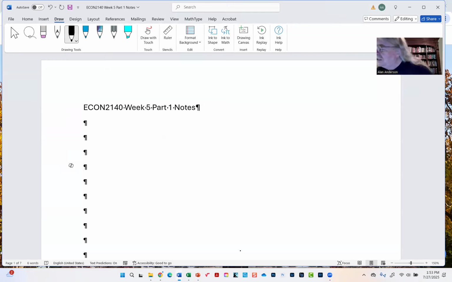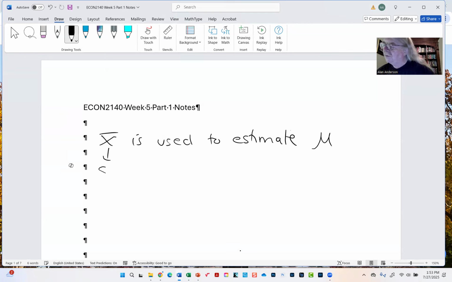So for example, X bar is used to estimate, or as an estimate of, mu. Of course, this is the sample mean. And this is the population mean. And again, if you remember, the convention is that we use the Greek letters for populations and the Roman alphabet, which is our alphabet, for sample measures.